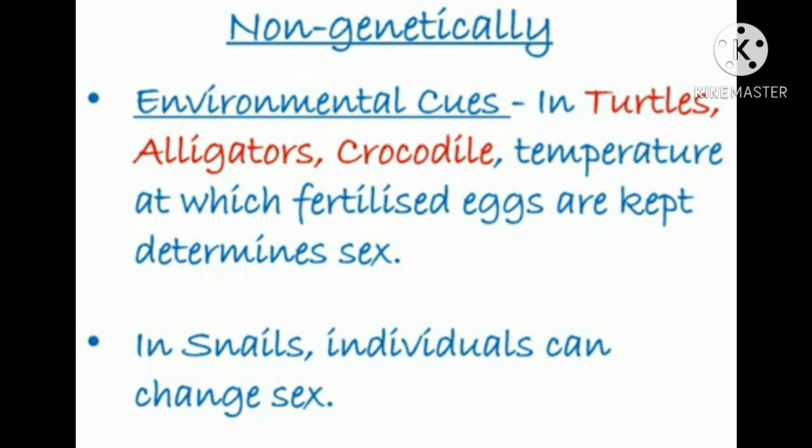In some animals, the temperature at which fertilized eggs are kept determines whether the animals developing in the eggs will be male or female. Crocodiles and some lizards are male at a high temperature and female at a low temperature.